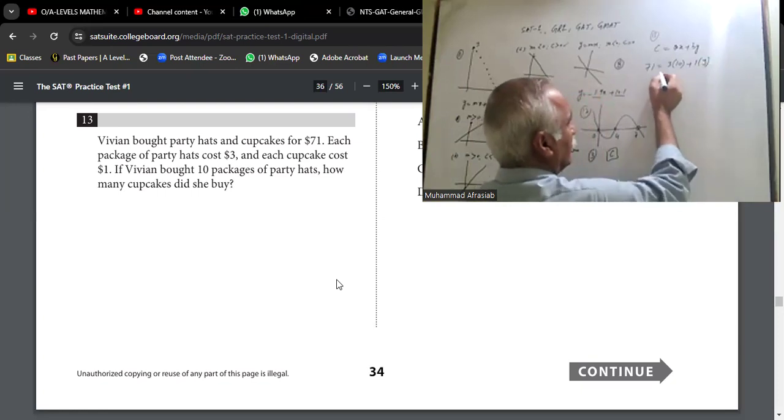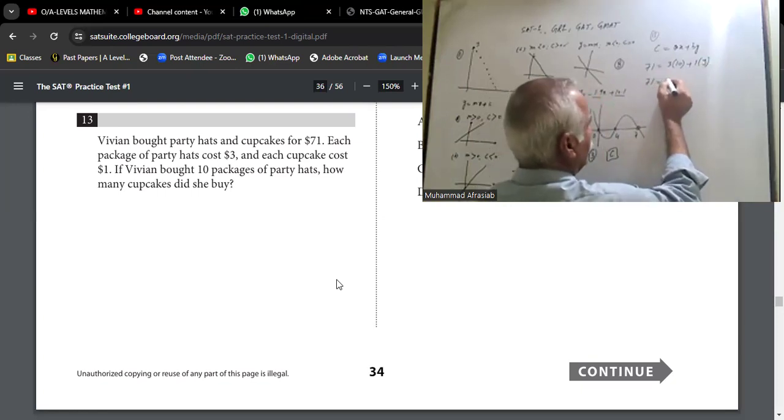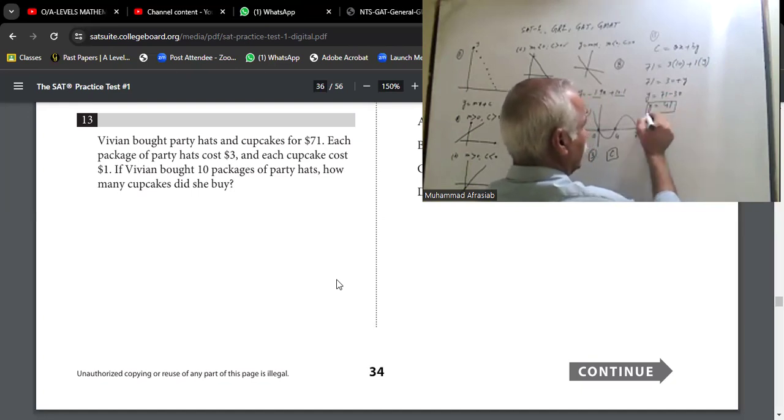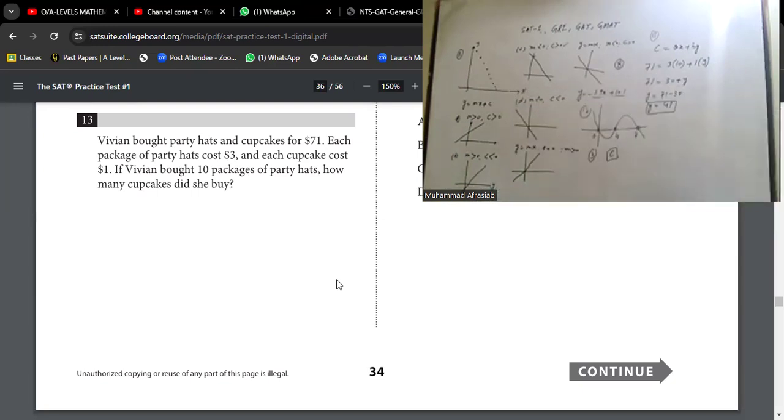So 71 is equal to 30 plus Y, or Y is equal to 71 minus 30, or that thing is equal to 41. So the number of cupcakes is equal to 41 for this question number 13.